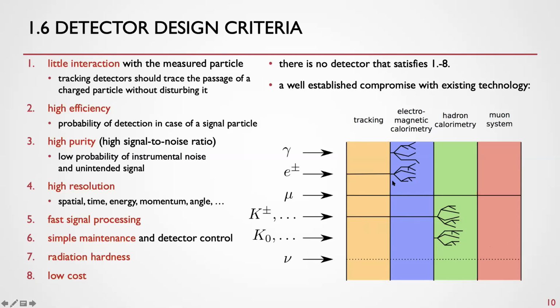It does ionize, but it does not produce a shower. Rather, it deposits 1 to 2 GeV or so of energy in the calorimetry. And that's the reason why we can put the muon system outside as the last subdetector component. That is typically how detectors are organized, be it in fixed target experiments or in collider experiments, because the interactions of the standard model particles with the detector material are everywhere the same.